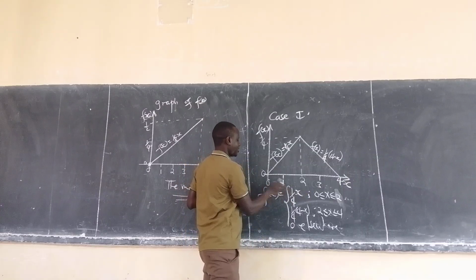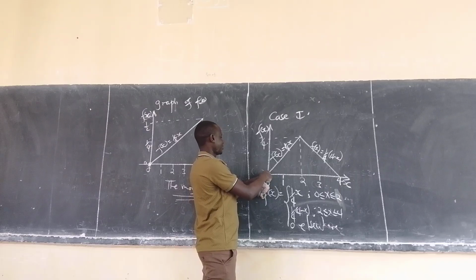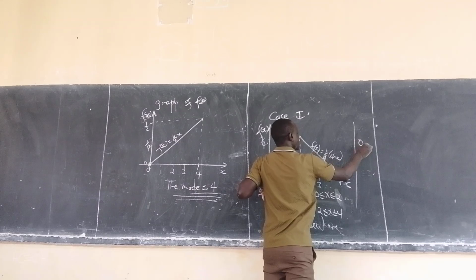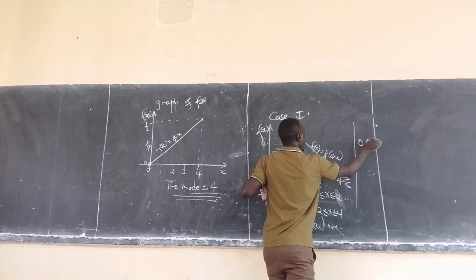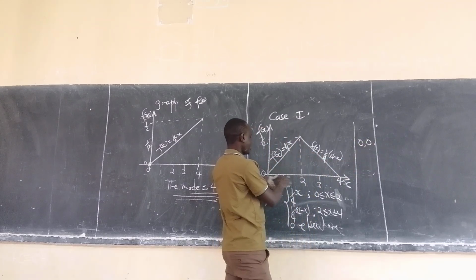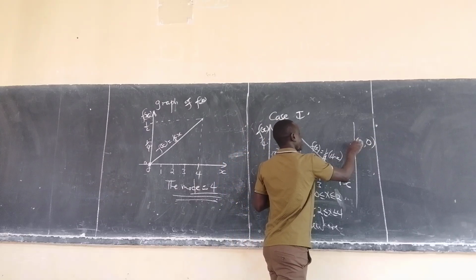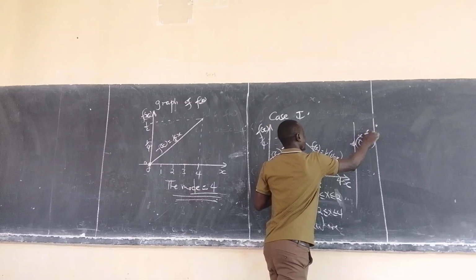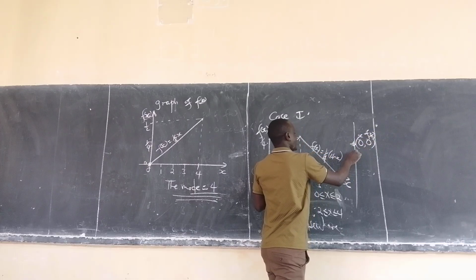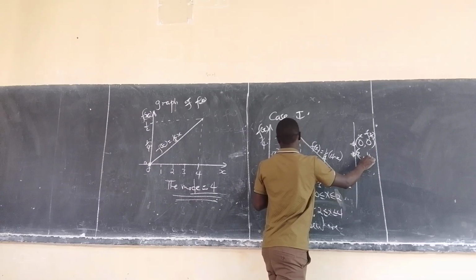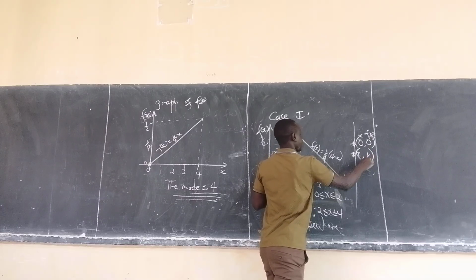When x is 0, f of x is 0. So 0 goes with 0. When x is 2, f of x is a quarter. This is x, this is f of x. When x is 2, f of x is a quarter.